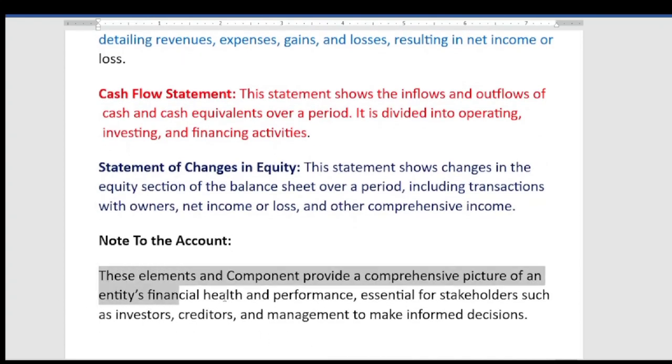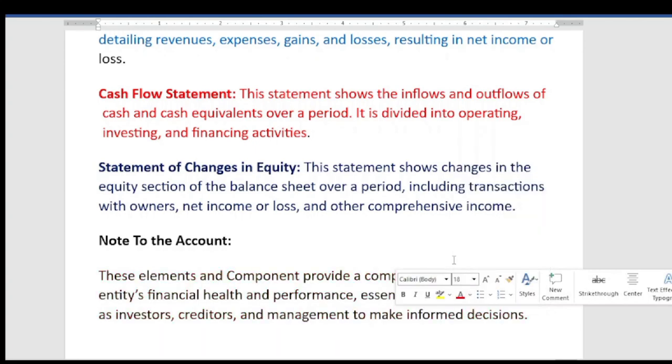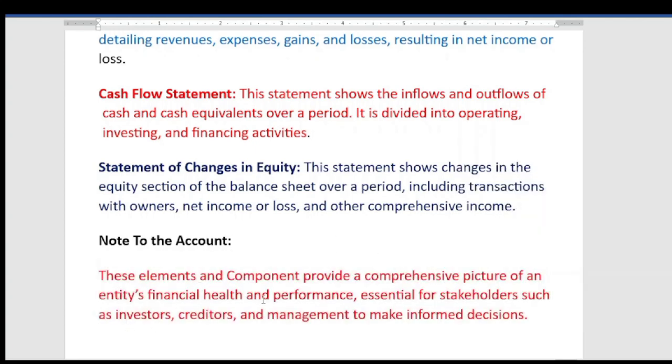Now let's look at this. These elements and components provide a comprehensive picture of an entity's financial health and performance, essential for stakeholders such as investors, creditors, and management to make informed decisions. The elements and the component provide what? A comprehensive picture of an entity.